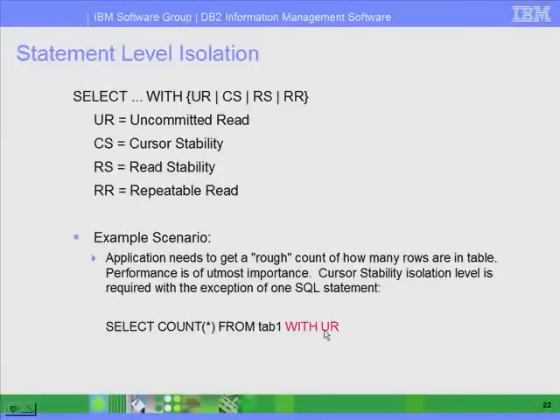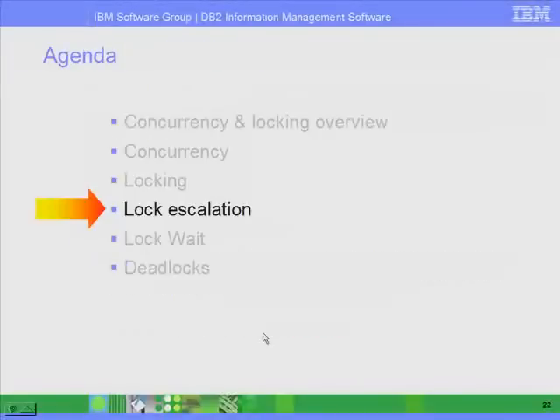So for example, here you say WITH UR, and then that would apply to this statement. Let's say you have an application that is using cursor stability in general, but for a specific statement you can use this WITH UR. So for that particular statement we'll just use WITH UR, and we'll show you later a scenario of how that works.